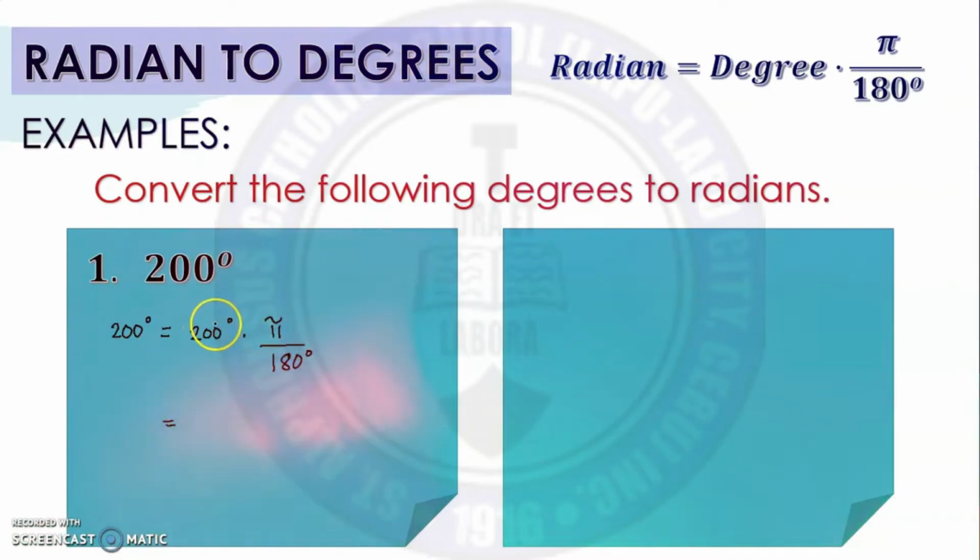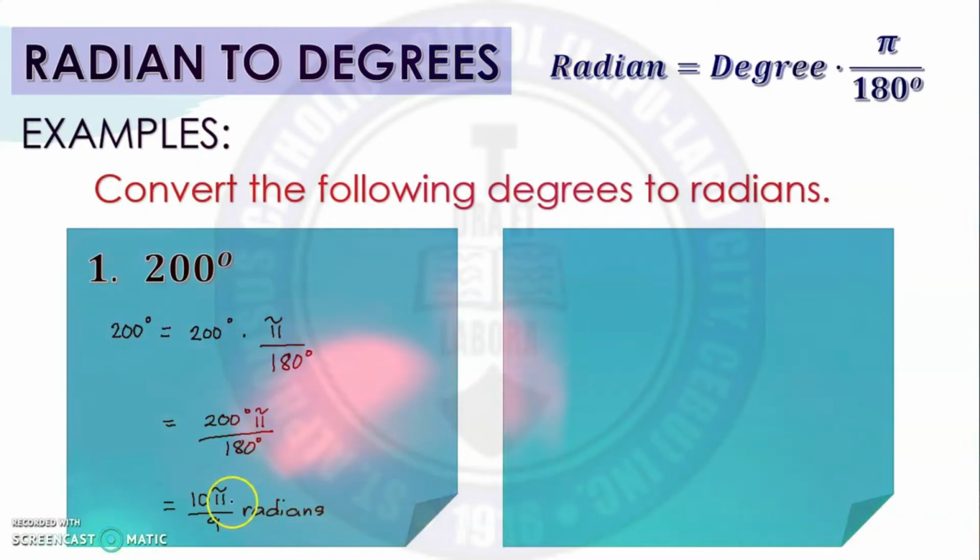So, 200 degrees times pi, it will become 200 degrees pi over 180 degrees. And I want you to use your calculator, class, in simplifying 200 degrees over 180 degrees. Of course, you can cancel out degrees now. So it will become 10 pi over 9 radians. And don't forget to write the unit of measure, which is radians, and you need to box your final answer.